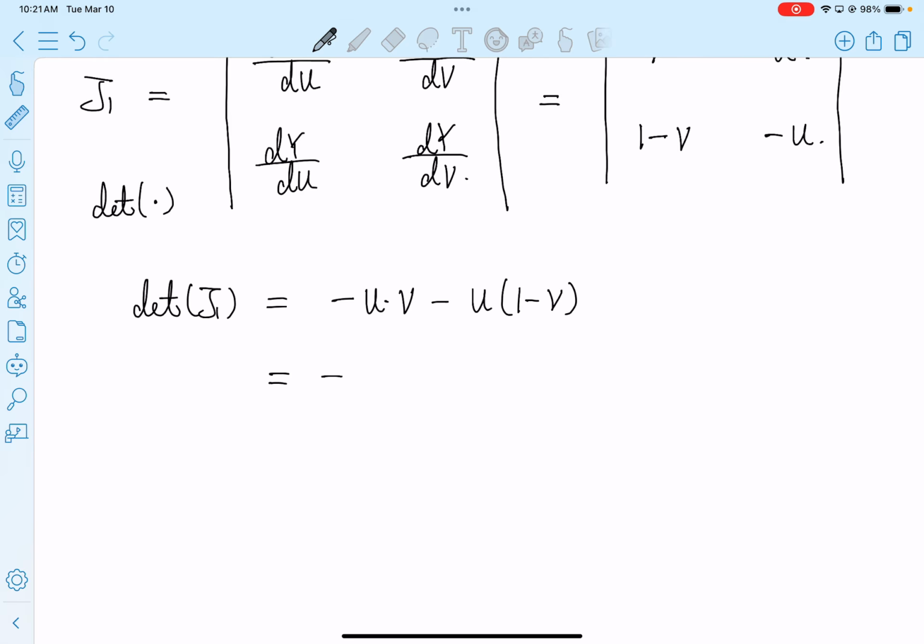We'll have negative uv minus u plus u multiplied by v. This is equal to negative u. Okay, so that's the determinant of the 2 by 2 matrix. But later when you use this, don't forget the absolute value.